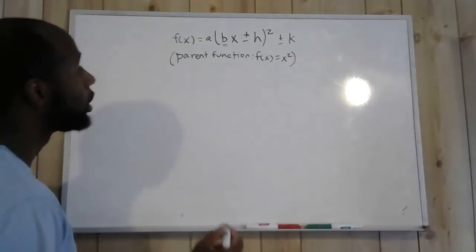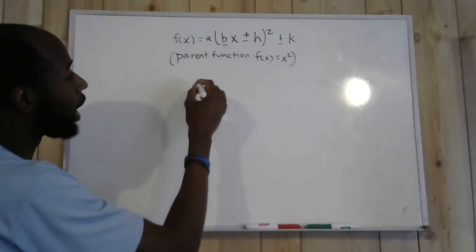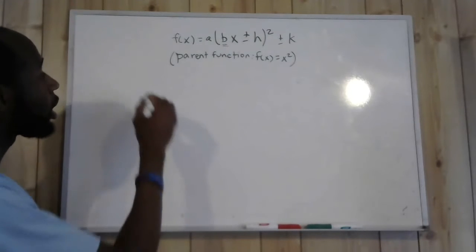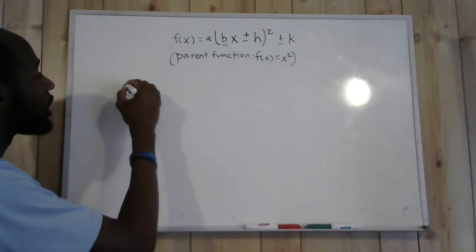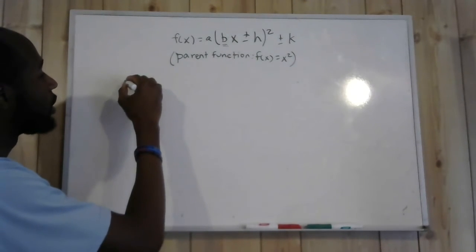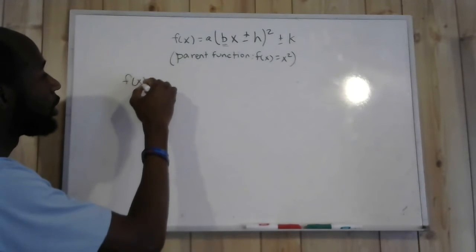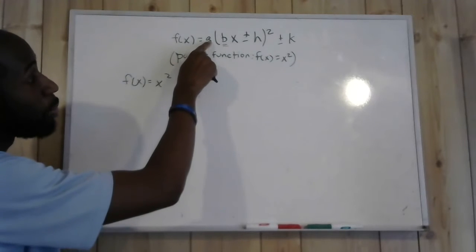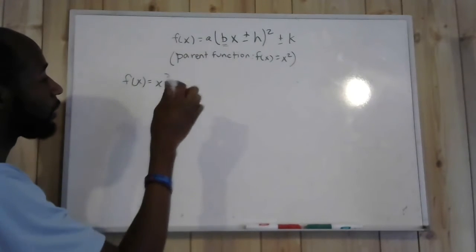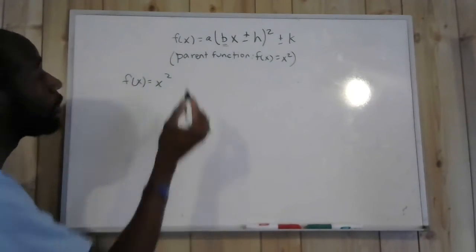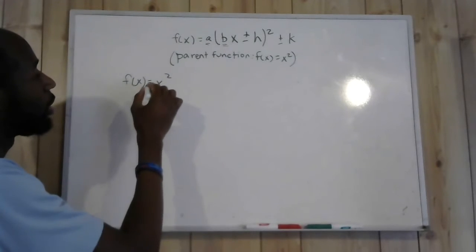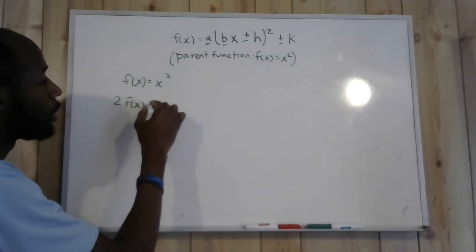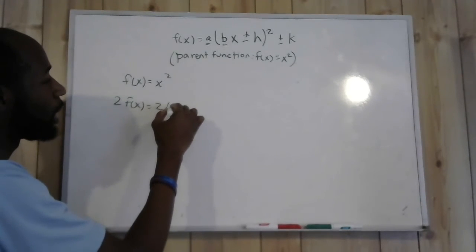All right, so just to show the difference. So what we're talking about, if the parent function is f of x equals x squared, multiplying the whole function by a constant, so for example, if a was 2, that's like saying 2f of x, which is 2 times x squared.